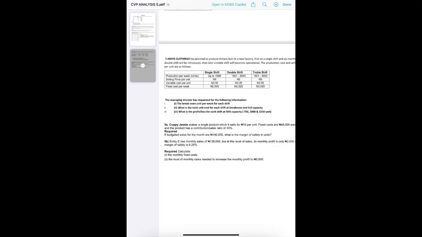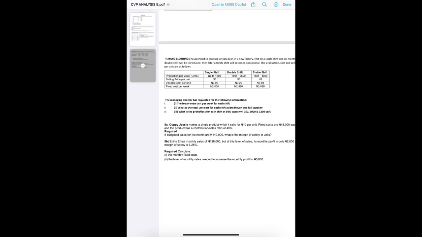You are now asked, as the managing director, to produce the following information. 1, the break-even units per week for each shift. 2, what is the total unit cost for each shift at break-even and full capacity? 3, what is the profit or loss for each shift at 50% capacity?